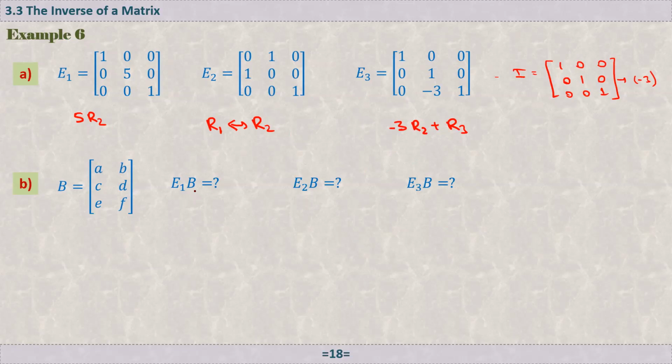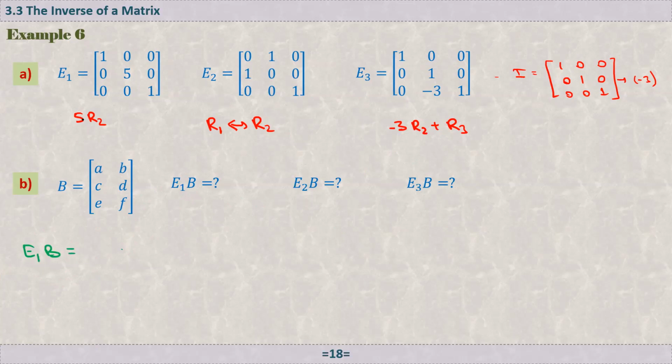Okay. Now let's see the effects of these products. What is E1 times B here? For example, if you multiply this matrix E1 by B, what do we get? What is E1?